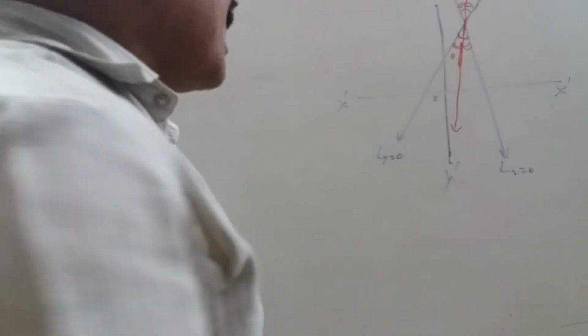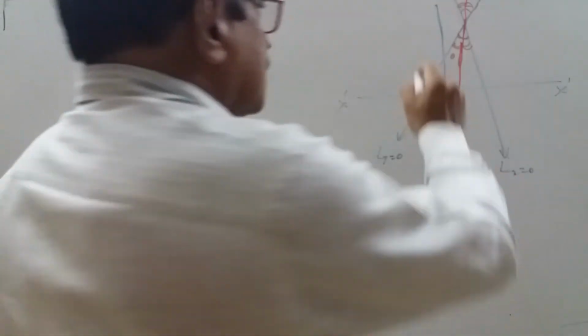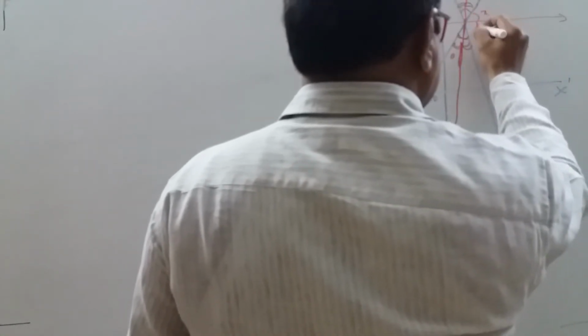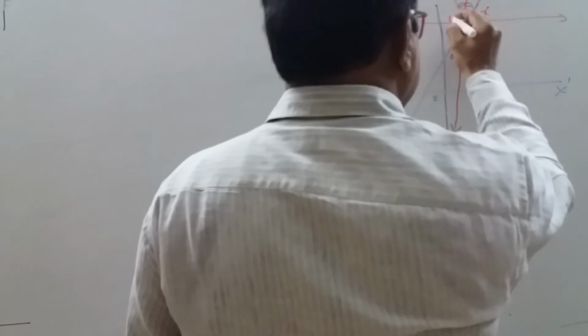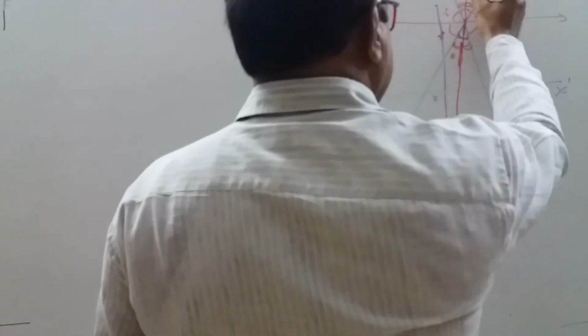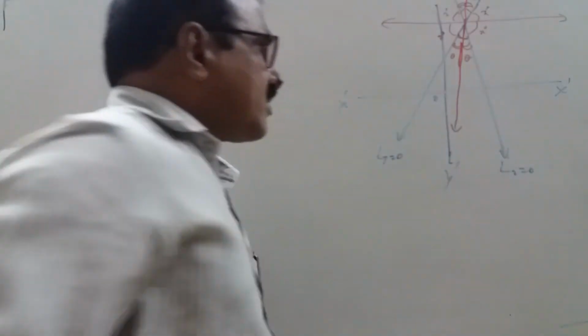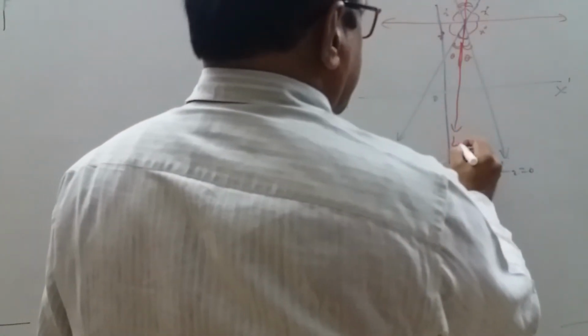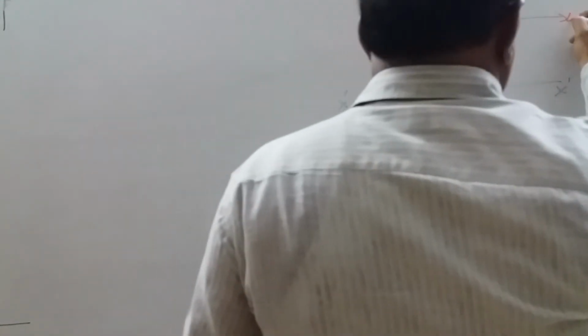In that way, another one is like this also. Suppose this is x degrees, this is also x degrees, this is x degrees, this is also x degrees. Okay, these two we have to find: L3 is equal to 0 and L4 is equal to 0.